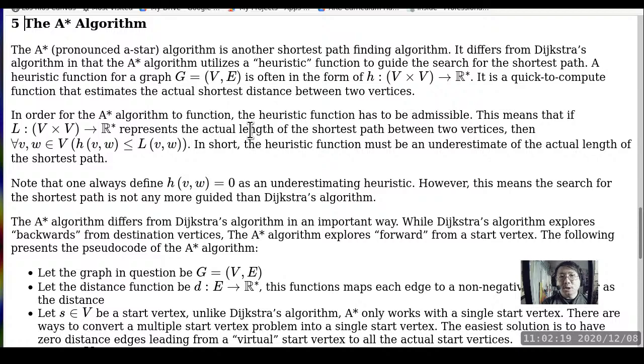So this is the actual length. It is not like h, which is a heuristic. L is the actual length of the shortest path between vertices, at least at a certain point of running the algorithm. In other words, we may find what we thought was the shortest path, but then we find that, hey, this is actually not the shortest one. I can find one that is shorter.